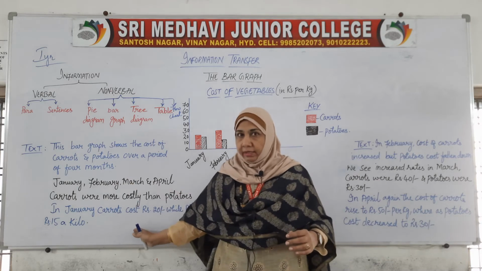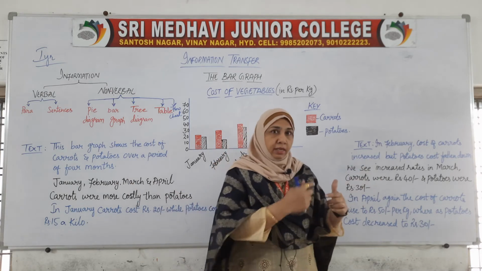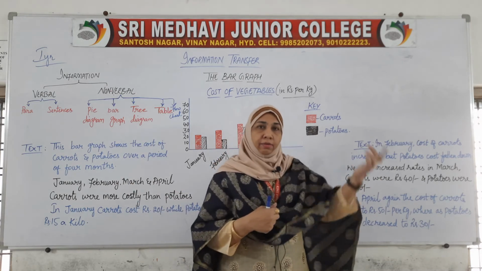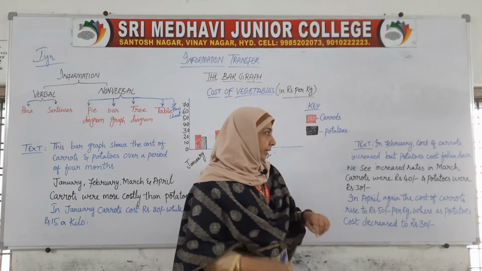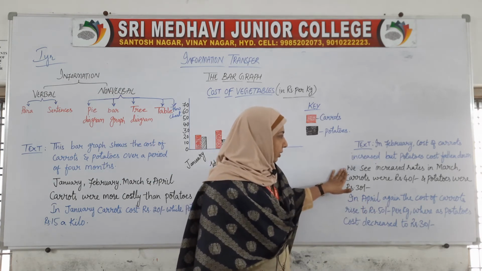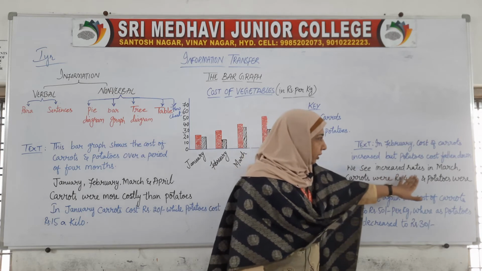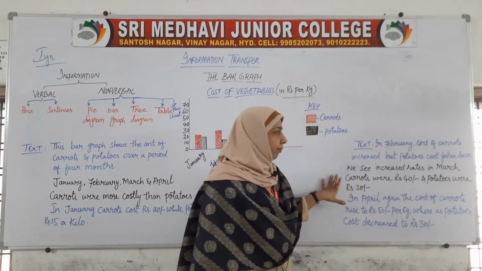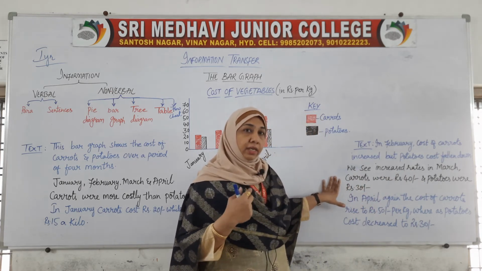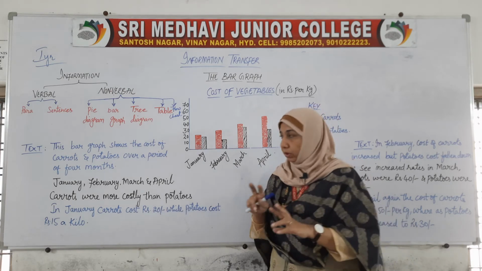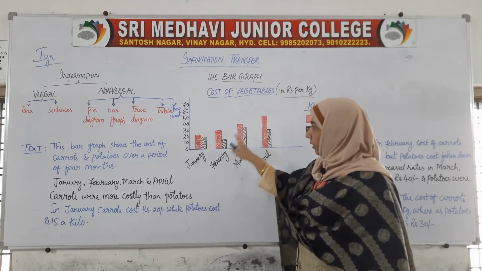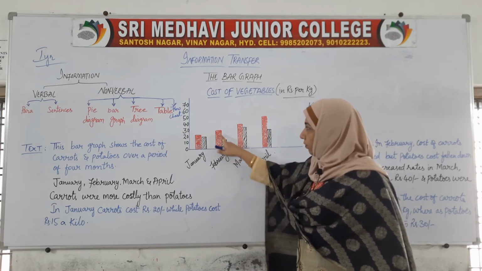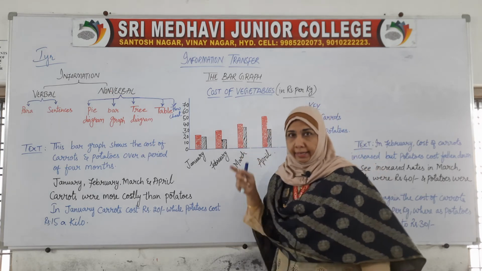Once we have written the rates, next we write the observation: one increased, the other decreased. Now the next sentence: we see increased rates in March, of both. Both increased. From here potatoes increased, and carrots increased.